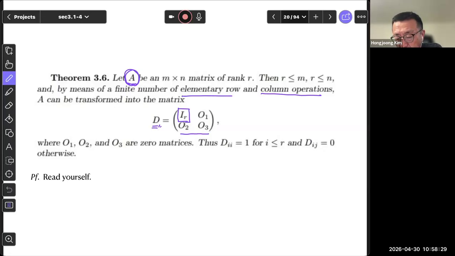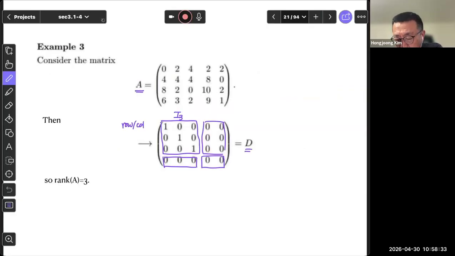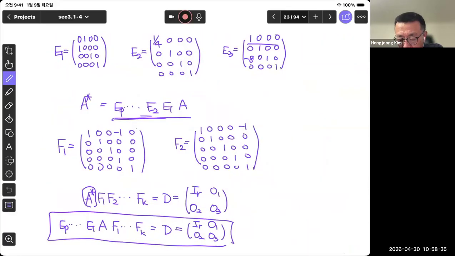And that means each elementary row operation means the multiplication by some elementary matrix from the left, right? And then you perform elementary column operation, which corresponds to the multiplication by some elementary matrix from the right.